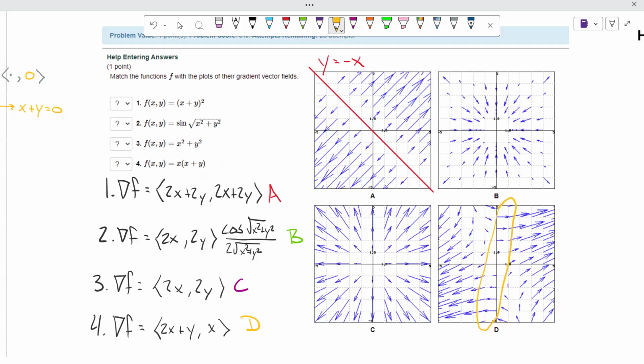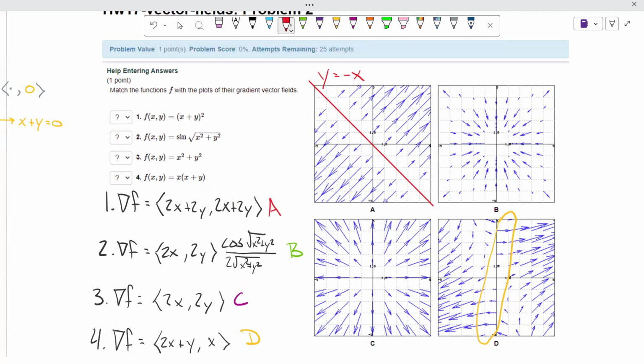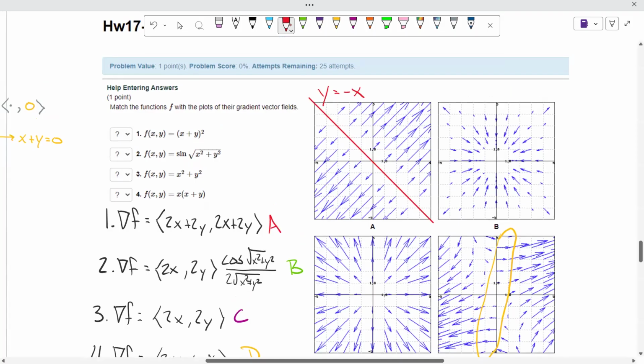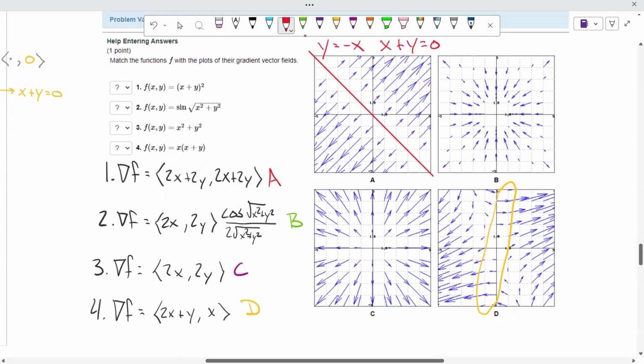I'm seeing 0 vectors along this line, and the line y equals negative x is the same as x plus y equals 0. So I would think that I'd see something like x plus y for both my x and y components, or both my P and Q components of the field that's creating this line.